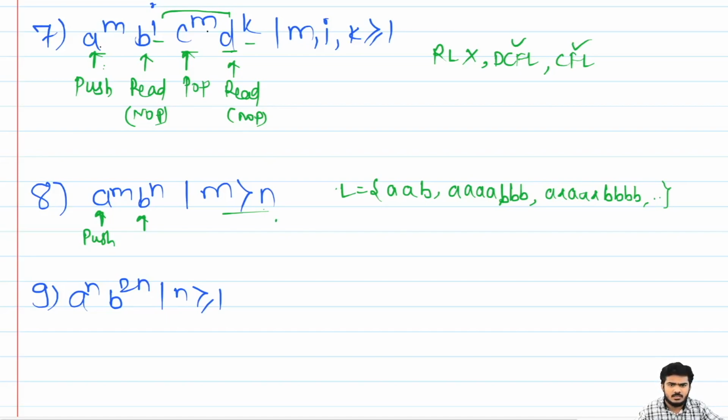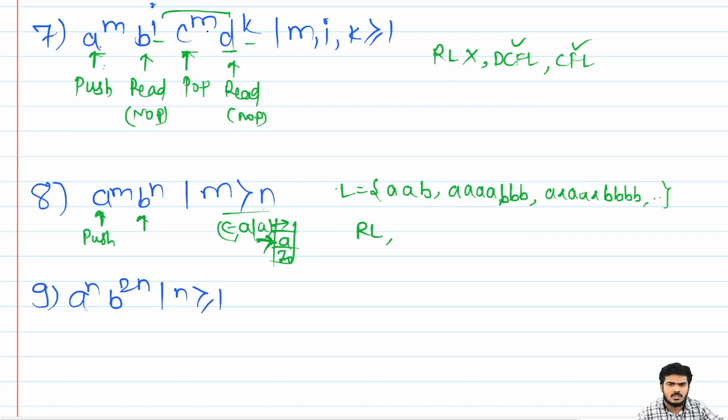Suppose we are left with Z0 and the top of the stack is a after finishing all the b's, the transition is epsilon on a. We keep that a as it is and accept such strings, because we always want m greater than n. So we are able to design a deterministic pushdown automata for this one.